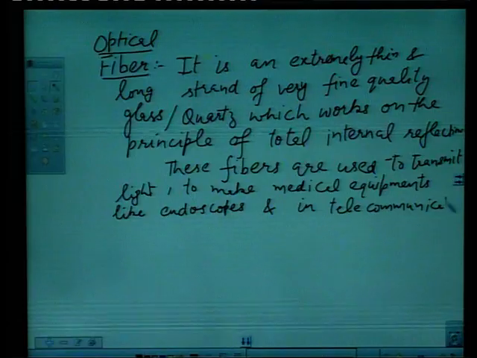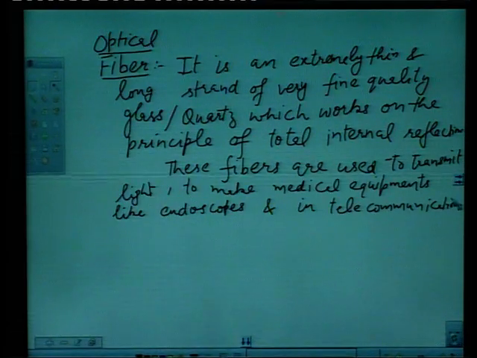So there are various applications of these optical fibers.